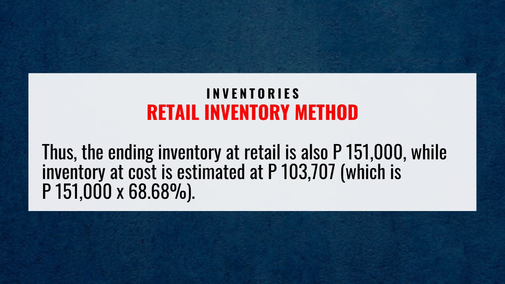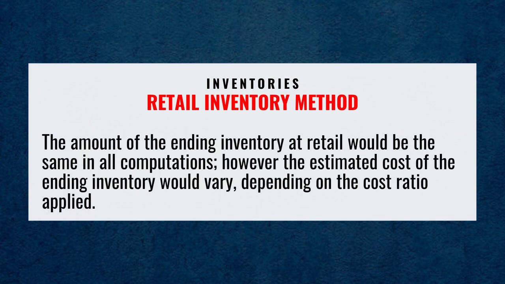Thus, the ending inventory at retail is also 151,000 pesos, while inventory at cost is estimated at 103,707 pesos, which is 151,000 times 68.68%. The amount of the ending inventory at retail would be the same in all computations.